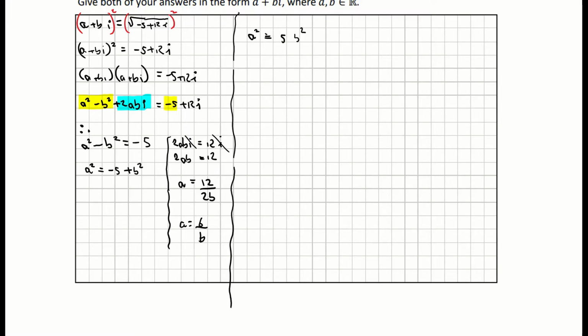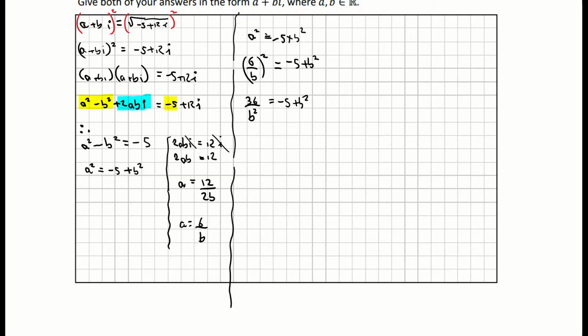So subbing in my 6 over b for a, so 6 over b squared, and that is equal to minus 5 plus b squared. And when I square out my 6 over b squared, that's going to give me 36 over b squared is equal to negative 5 plus b squared.